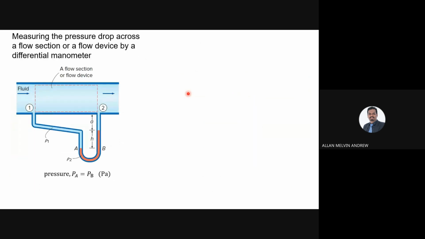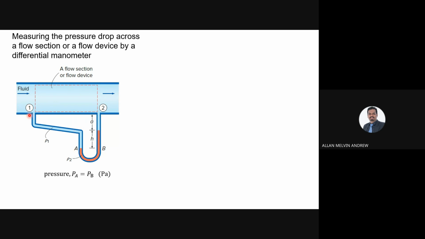Okay, and we have another setup of manometer where it can be used to measure pressure drop across a flow section. So we have a flow section here, the dotted area or flow device, with a differential manometer. The differential manometer will find the difference of pressure between point 1 and point 2. Here we have 1 and 2, and here you can see the manometer.